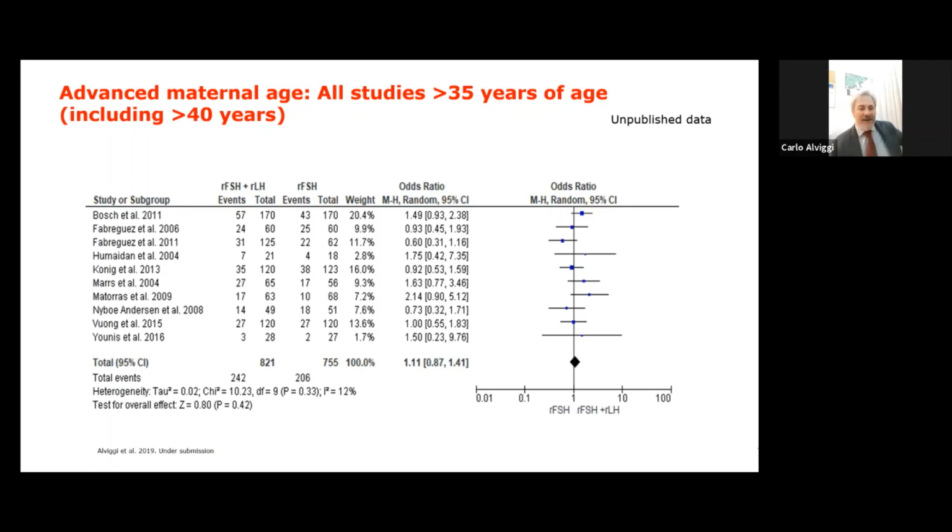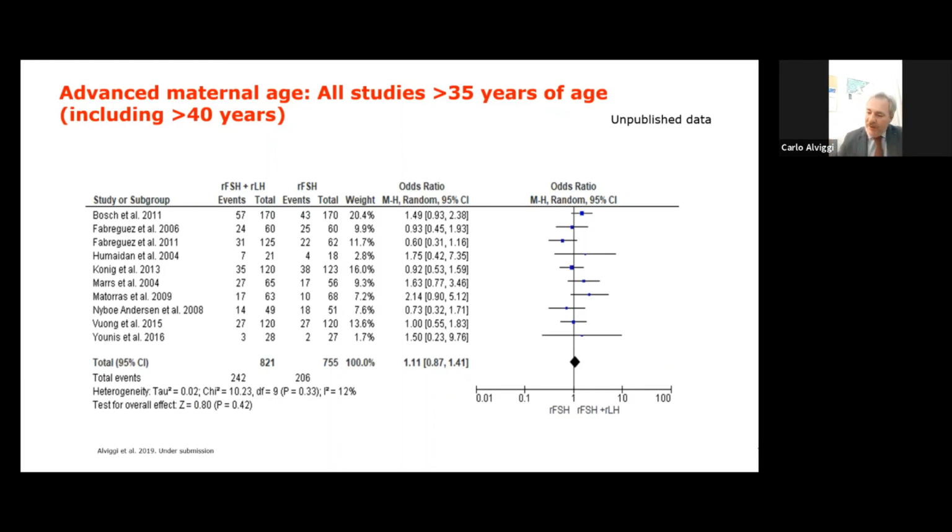Why? It doesn't mean that it doesn't work. It means that the impact of low ovarian reserve, but above all the incredible impact of aneuploidies, is not counteracted by LH.